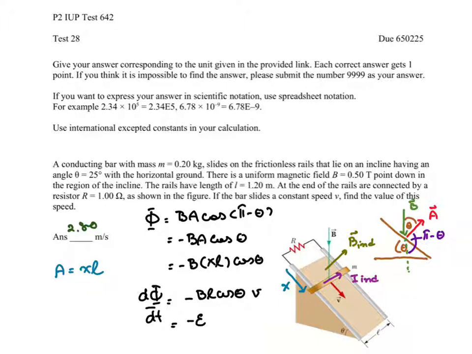At the end, the rails are connected by a resistor R equal to 1 ohm as shown in the figure. If the bar slides with a constant speed V, find the value of the speed.